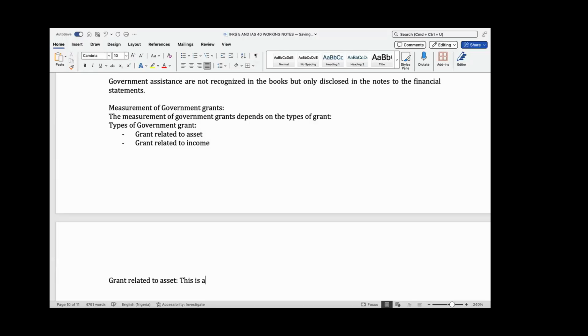So this is a government grant where the condition is that an entity must acquire an asset, and the government then subsidizes the amount or the cost of the assets.